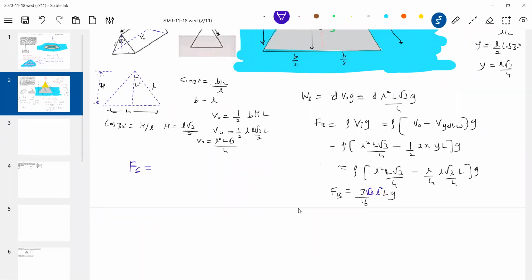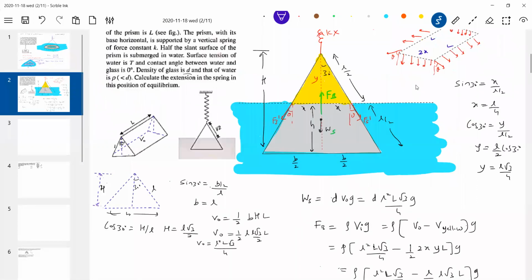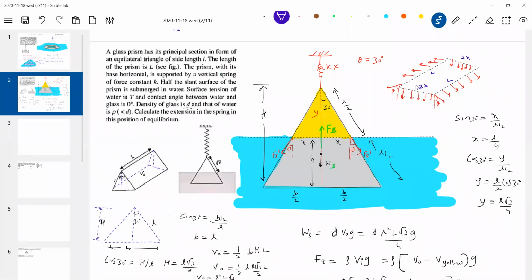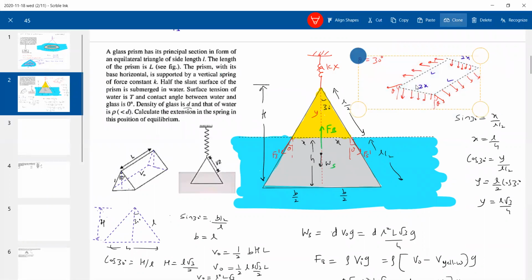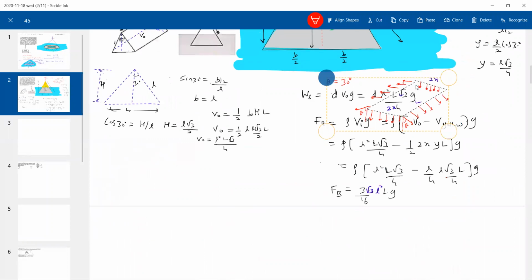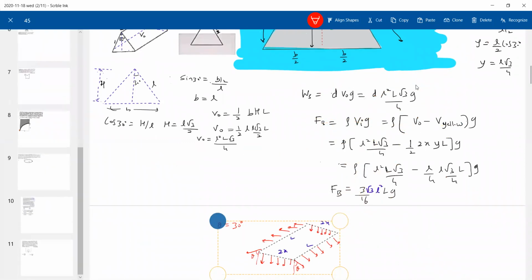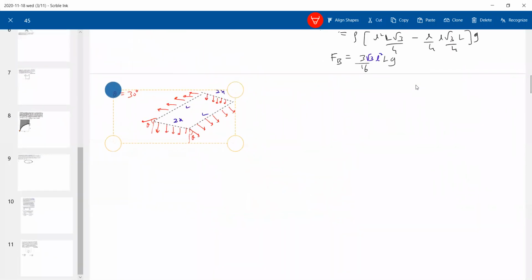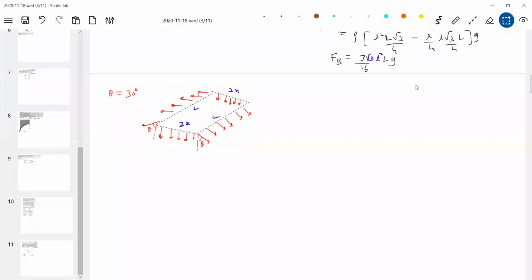Now force due to surface tension we'll calculate. I'll bring the total diagram so that you can make observations.